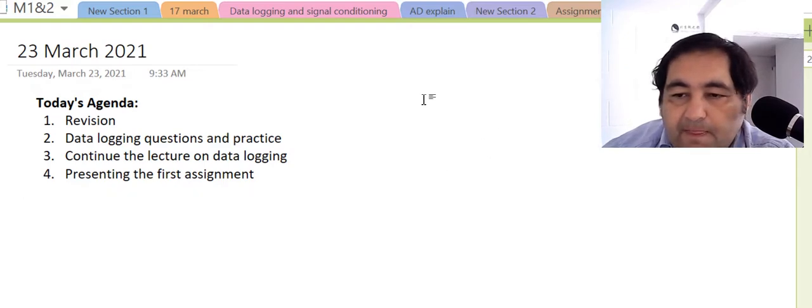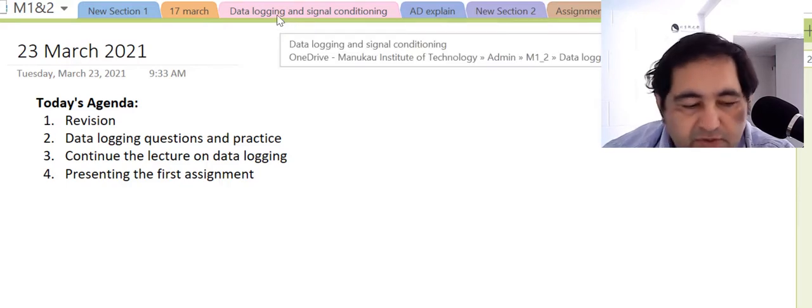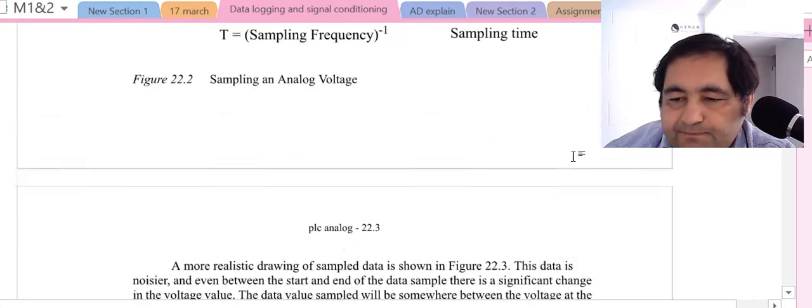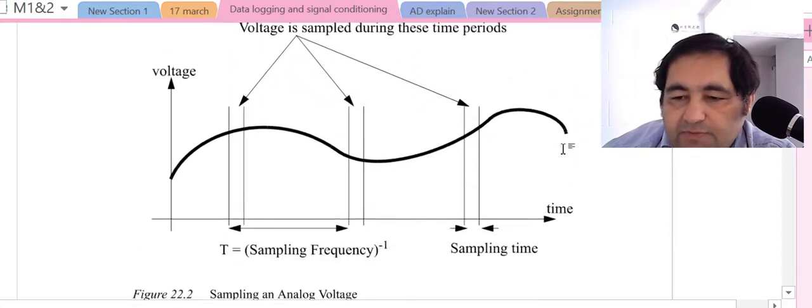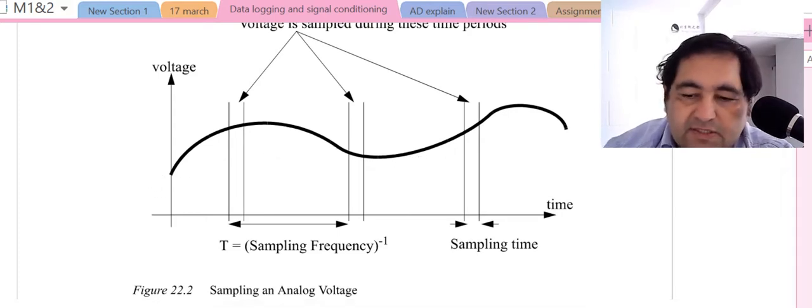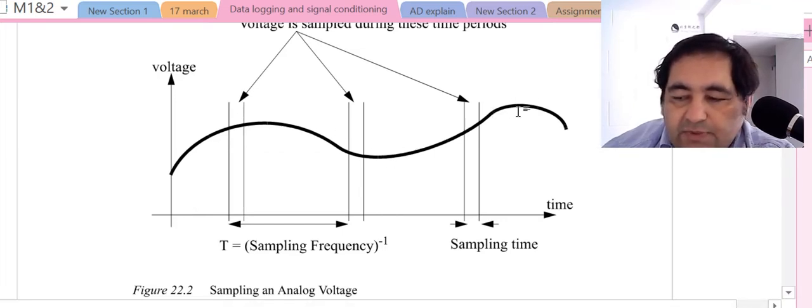So now, going back to data logging, first I wanted to revise the material we covered, and then after that we're going to do multiple questions. If you look at this tab, we realize that the data we usually have is analog. The data that comes to the system, the physical network that we have, is analog, and what we can do is break it down into smaller parts.